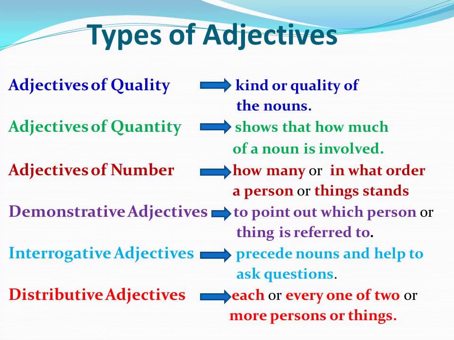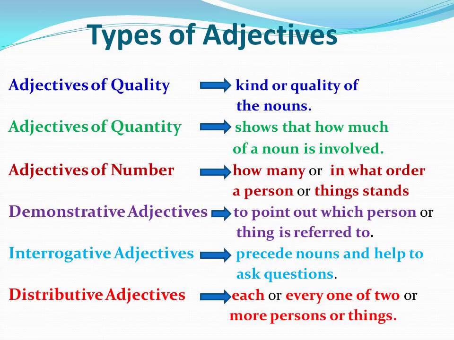Adjectives of quantity, it shows how much of a noun is involved. And then adjectives of number, how many or in what order a person or thing stands is called adjectives of number.